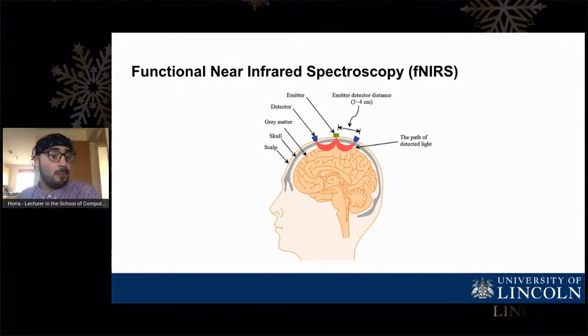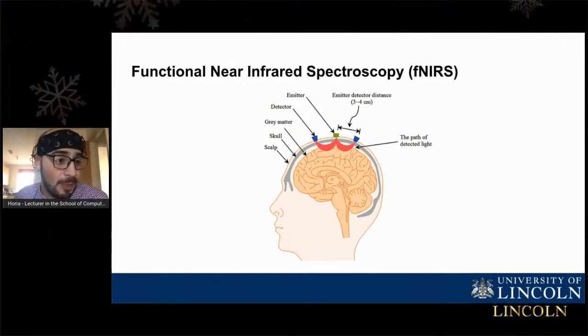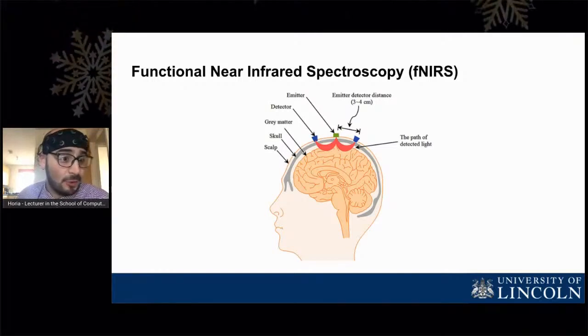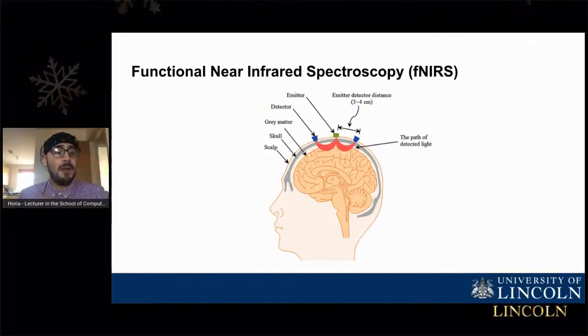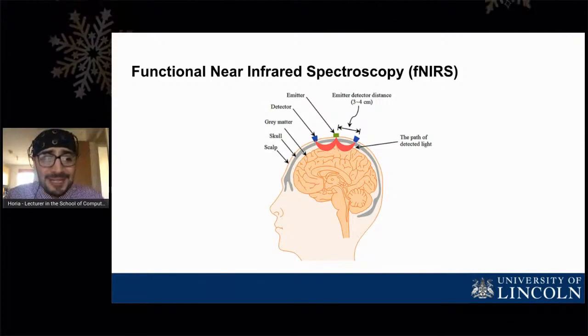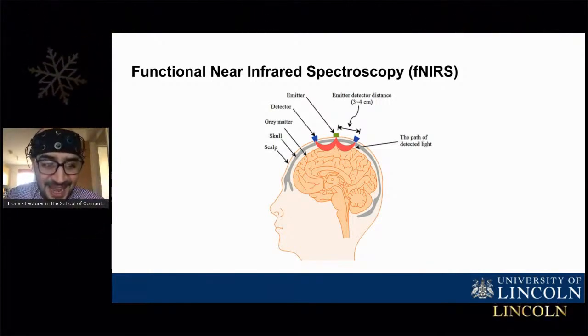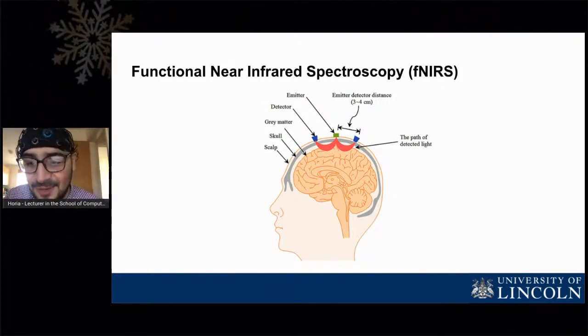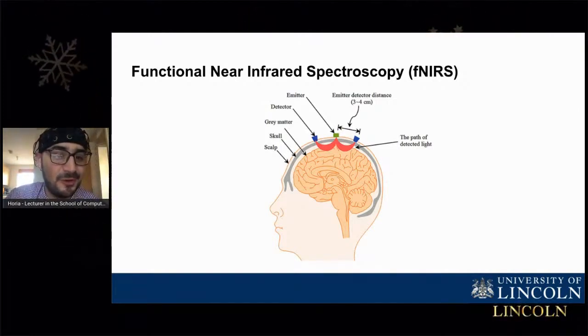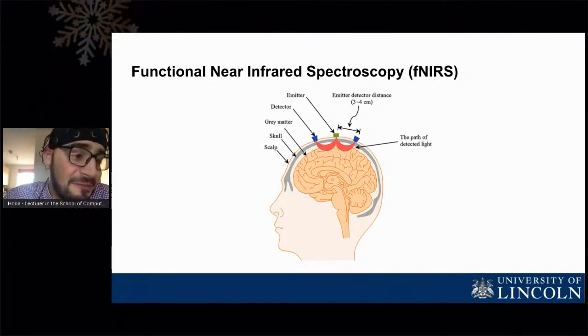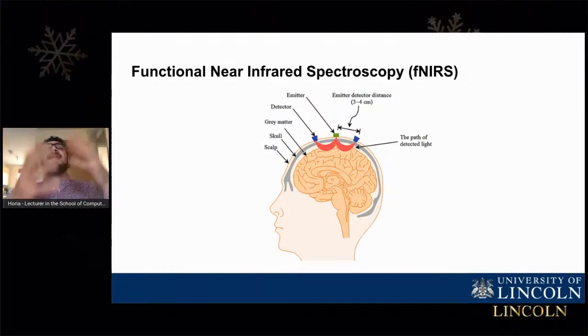This molecule, hemoglobin, will bring fresh oxygenated blood to the area that requires more. Hopefully this made sense. In the next slide I've got a nice video for you, but I didn't finish with this slide, sorry.